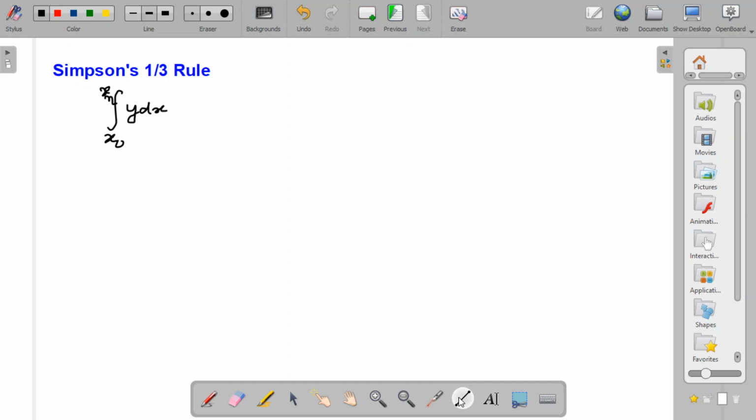So assume a function. I am going to draw it. Let this be the function which we consider. Okay. Now you know that this is the function.